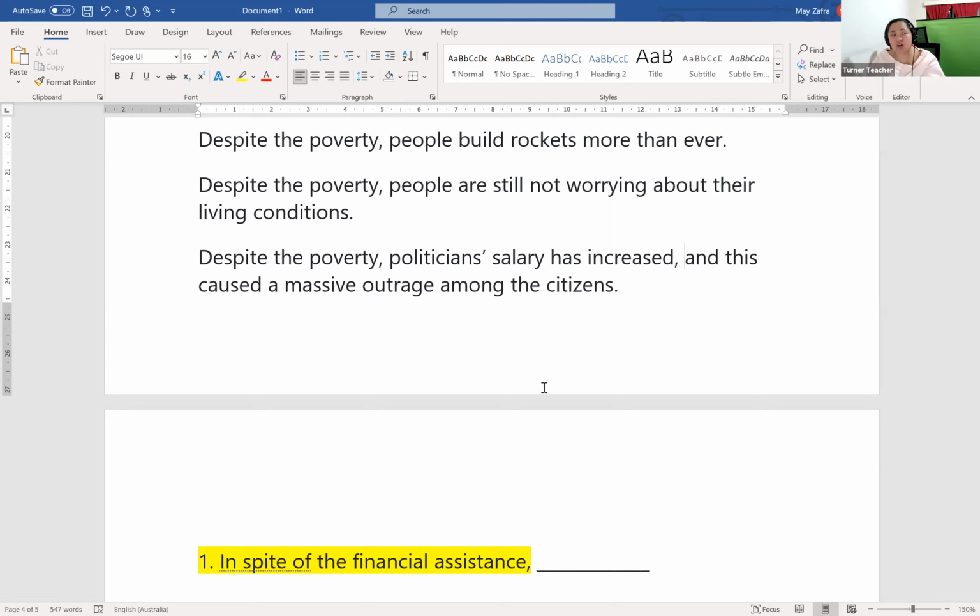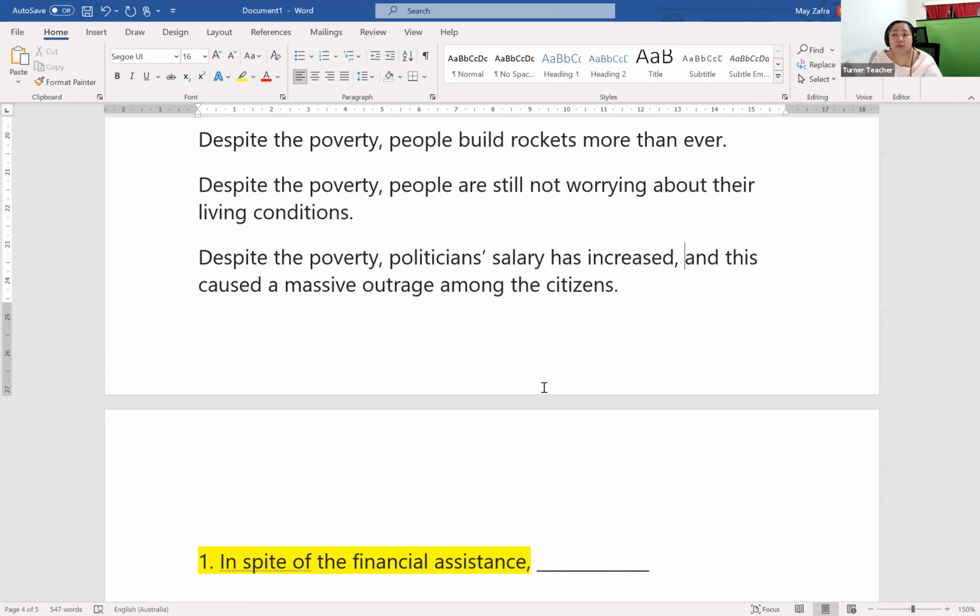Okay. So cause and effect is different. It has to be opposite. Cause and effect is different. So it seems to me you don't know the difference between cause and effect and the opposite. So if I say despite the poverty, the poor people are getting hard to buy food, something like that.